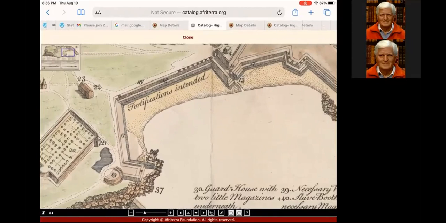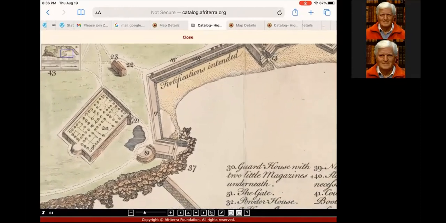Well, these are the kinds of detailed maps that you can look at and start posing questions more than answering them. These maps are not an answer to the questions we have, but they force us to ask some significant questions of the other documentation available.